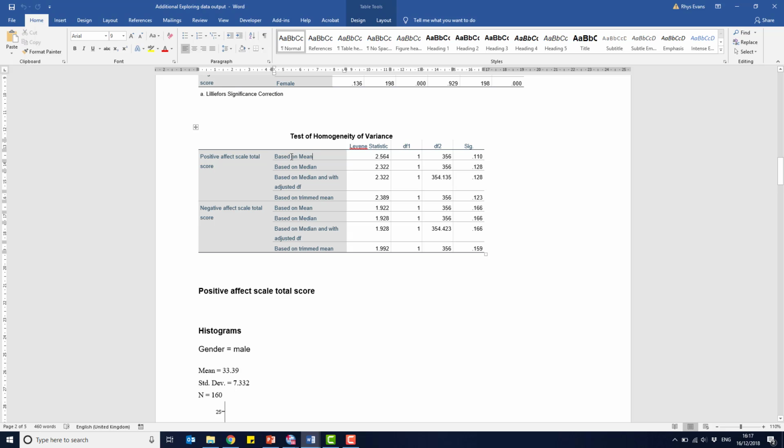So based on the mean, we've got the Levene statistic here. We've got two sets of degrees of freedom, and then we have a significance value. So this significance value, if that value is 0.05 or smaller, then the variance of the two groups is significantly different.